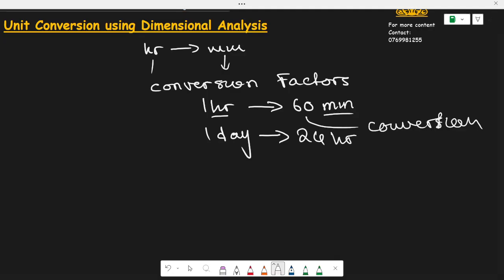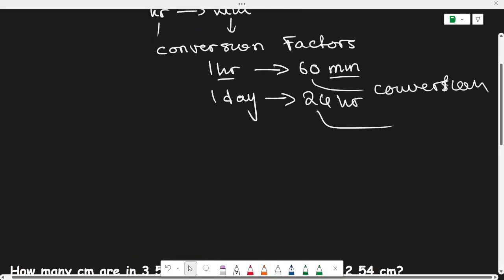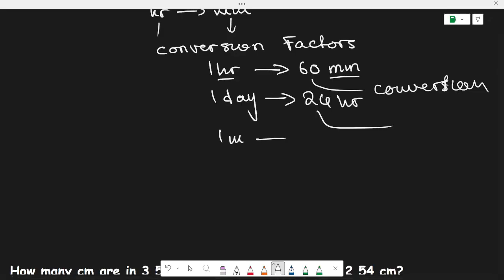So this is a conversion factor that we can also consider when converting from days to hours. And we can also consider, let's say, when you're converting from meters to centimeters, we know we have 100 centimeters in 1 meter. Okay, so this is the conversion factor.